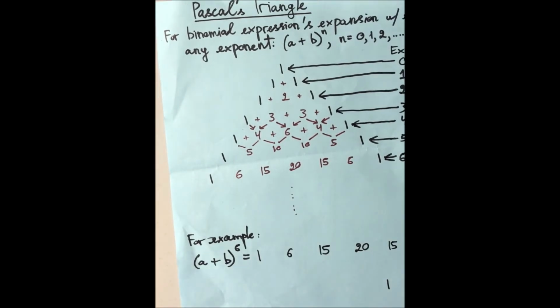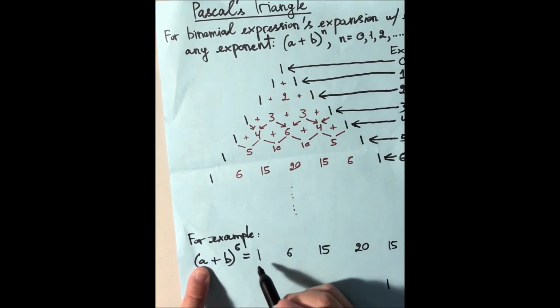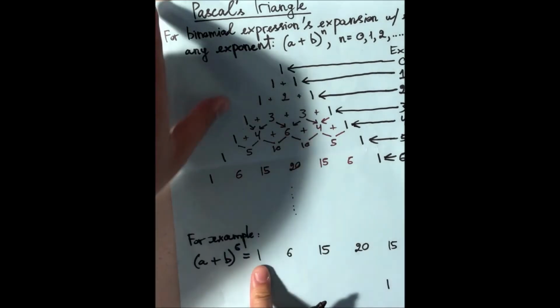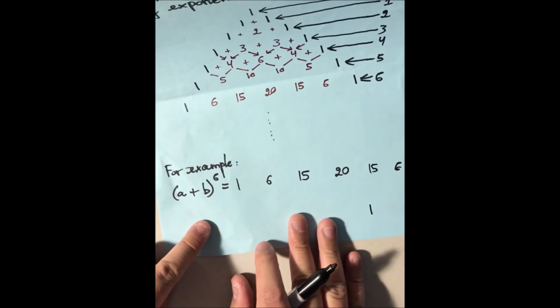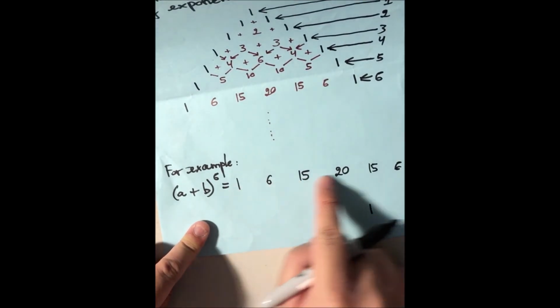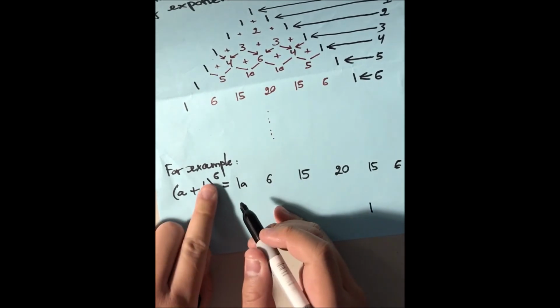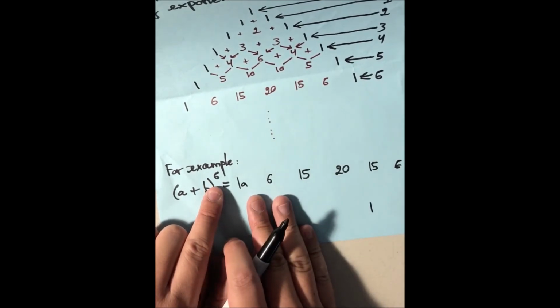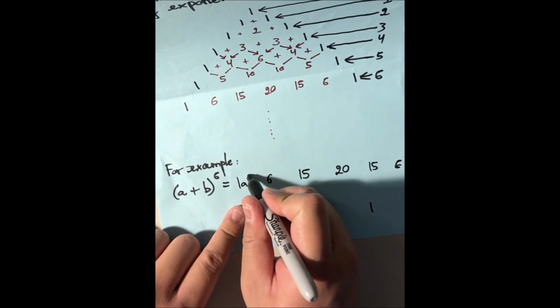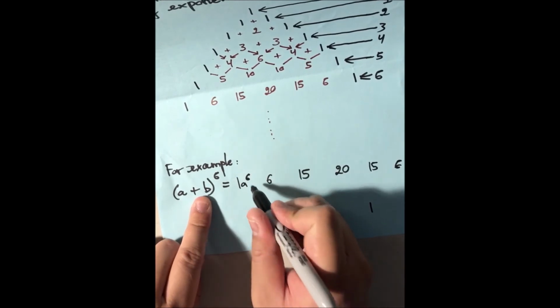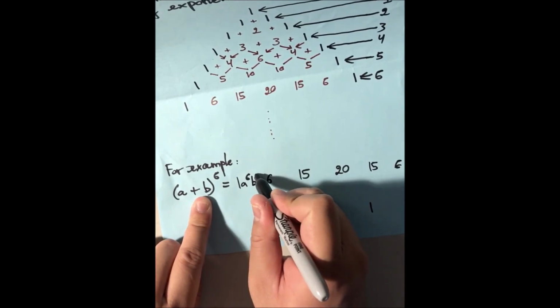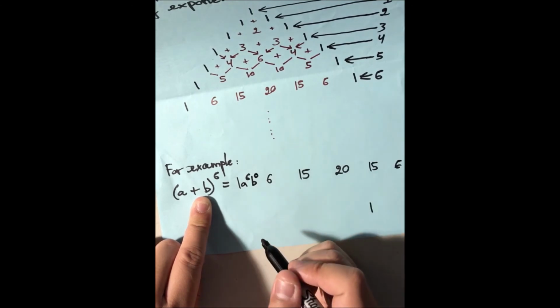And what goes with each coefficient is the first term, starting from the first coefficient from left to right, all the way down to here. It's going to be the first term raised to the highest power, which is the degree 6, and then multiplied by the second term raised to the lowest exponent, which is 0.